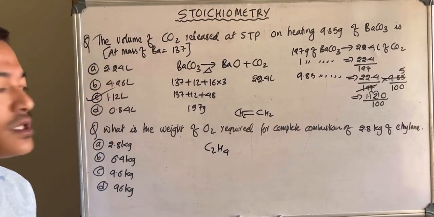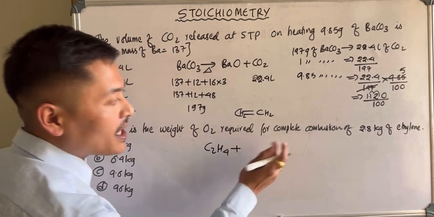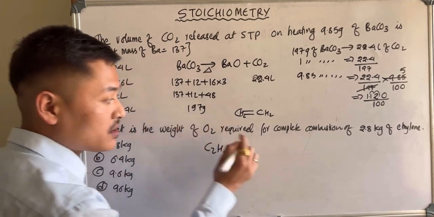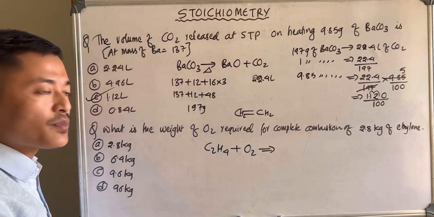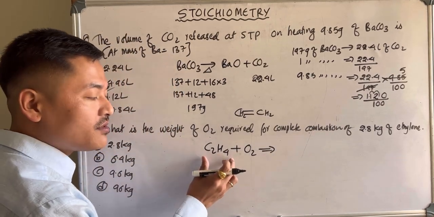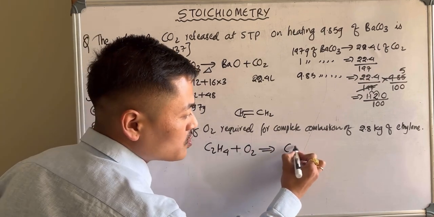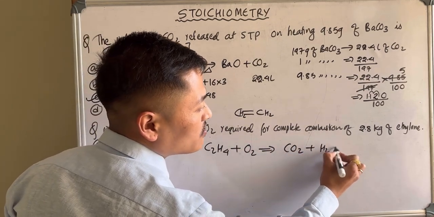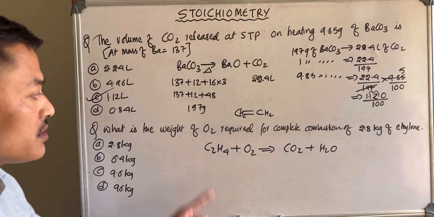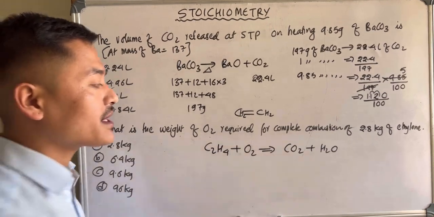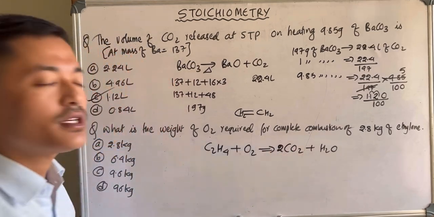Now you are combusting this, means you are reacting this with oxygen, and while combusting any hydrocarbon, you will be obtaining 2 products, that is carbon dioxide and water. Now you have to balance the equation. There are 2 carbon atoms, you have only 1 carbon, that is why you must be placing 2 over here.